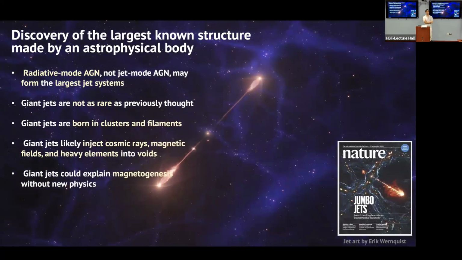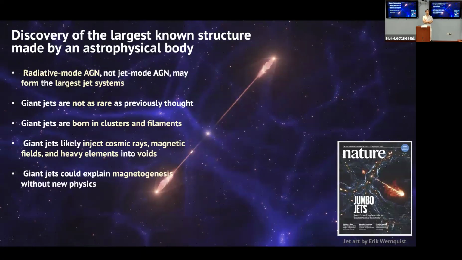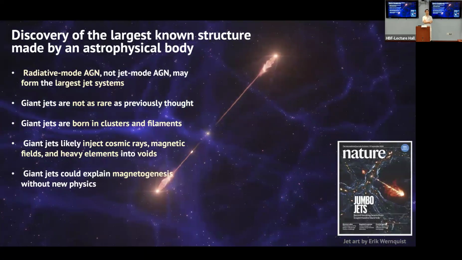So are these jets continuous or are they episodic? Do you have any way to figure that out? Yeah, so in the observations of this source, you see a few hotspots along jets. We know they're episodic, but most of the models assume there's some kind of average effective jet power over time.